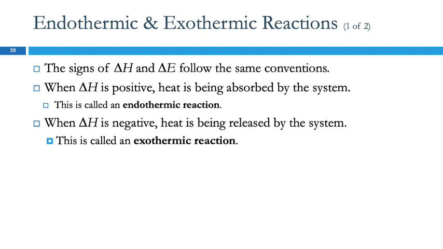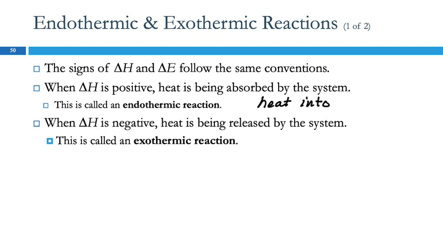The signs for delta H and delta E follow the same conventions. So if delta H is positive, energy, heat is being absorbed by the system. We call this an endothermic reaction. So thermo refers to heat. So this is heat into the system, right?